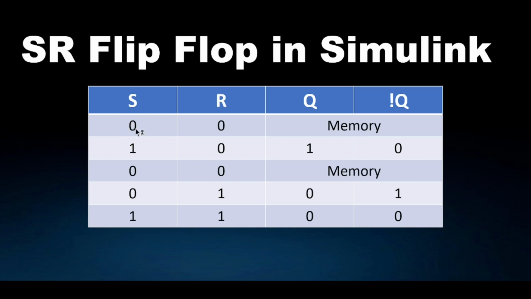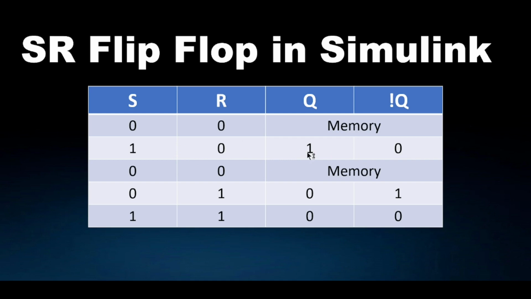So when set is 0 and reset is 0, then Q and Q's complement will be the memory. Means it will show the last output. When set is set to 1 and reset is 0, then Q will set to 1 and Q's complement will set to 0.